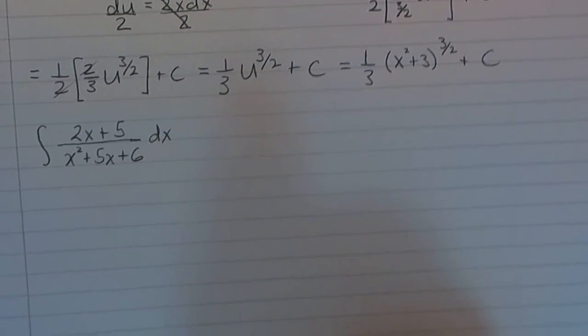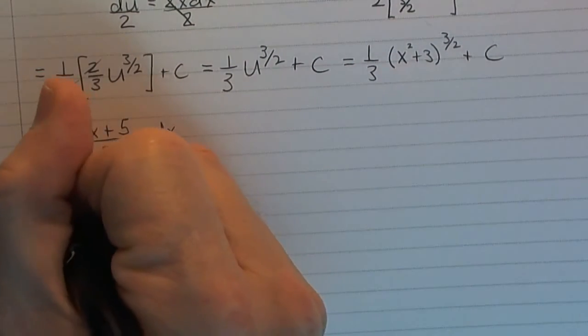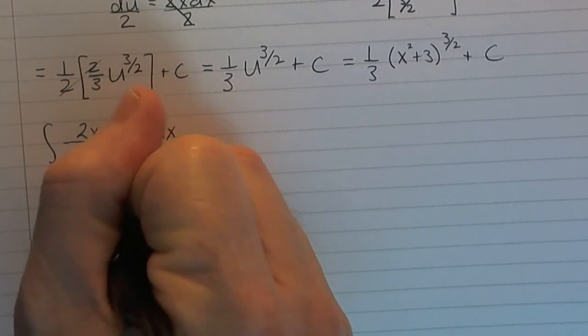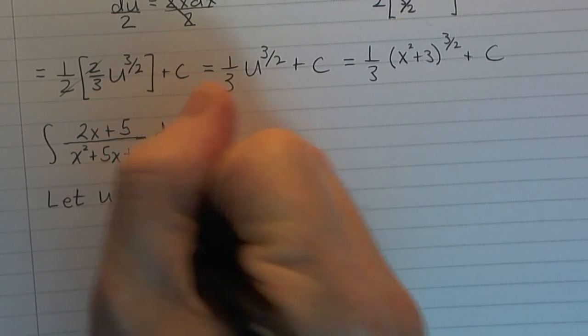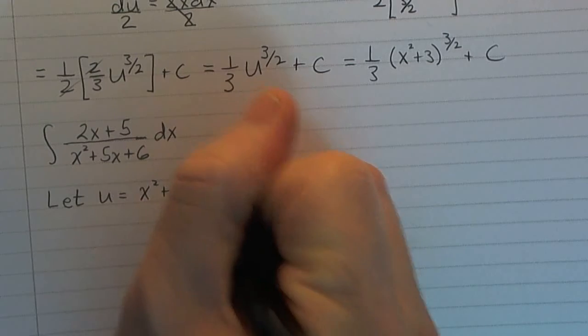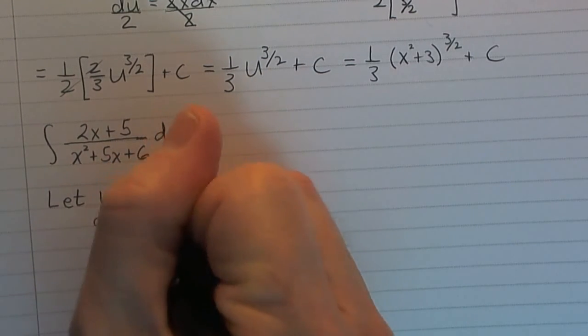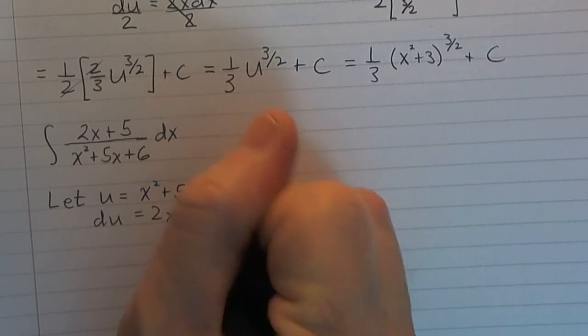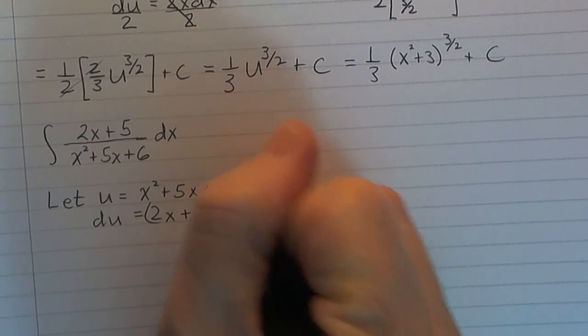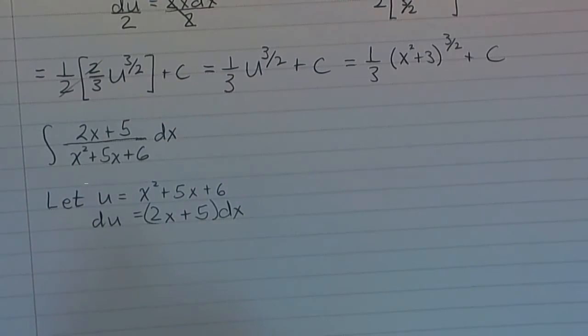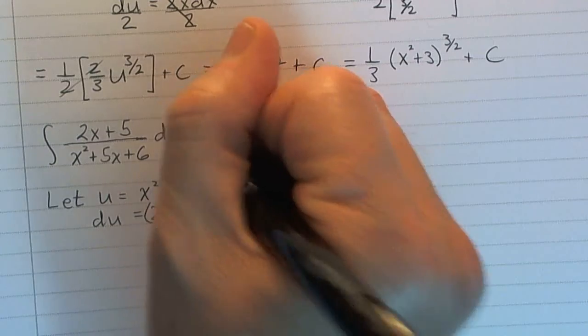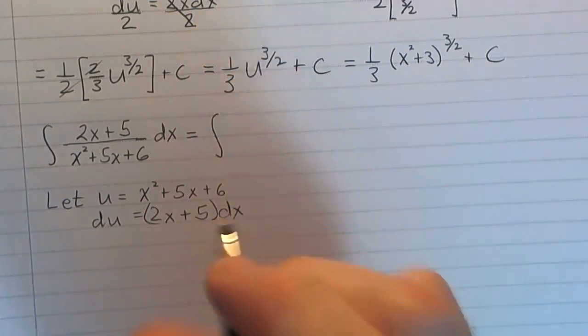Now, notice that if we let u equal the bottom, then du is the top. See, 2x plus 5 dx. There we have it. So now we can plug back in here. And let's see what we have.